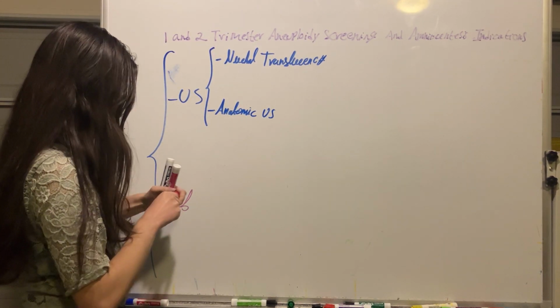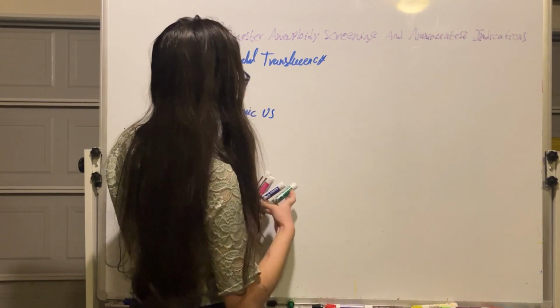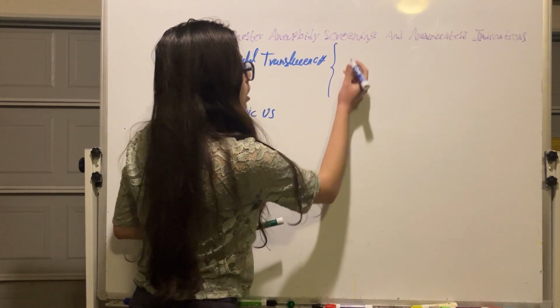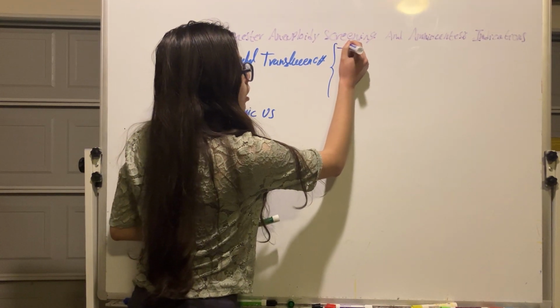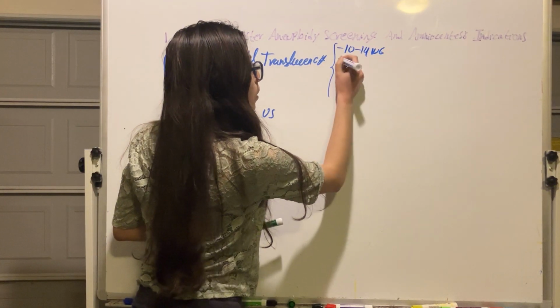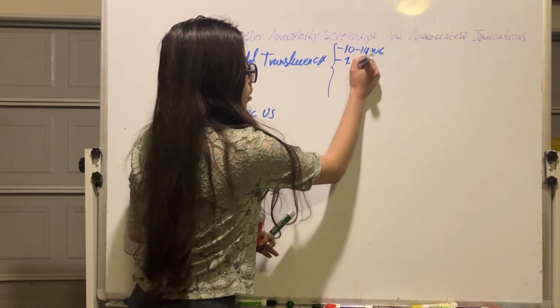So nuchal translucency is done between 10 to 14 weeks gestation. So this is during the first trimester.